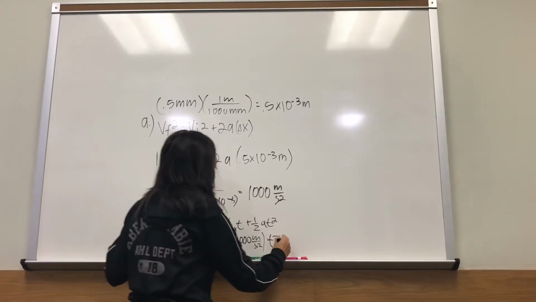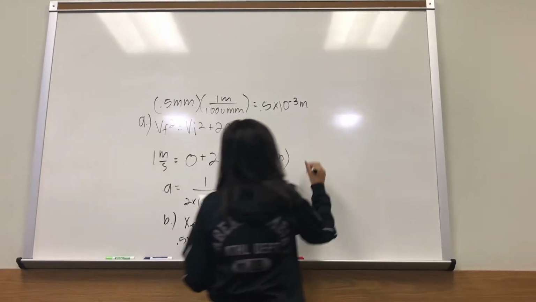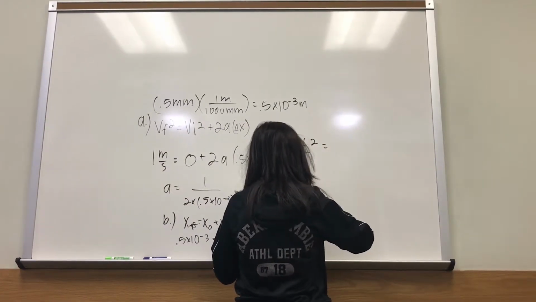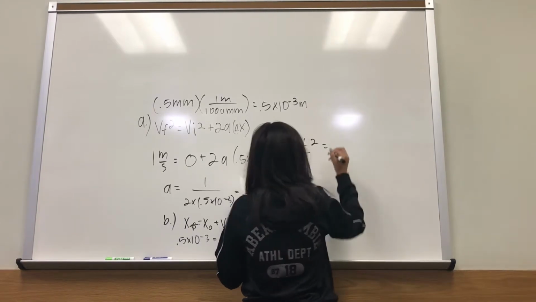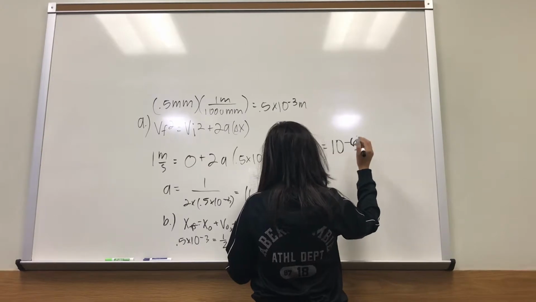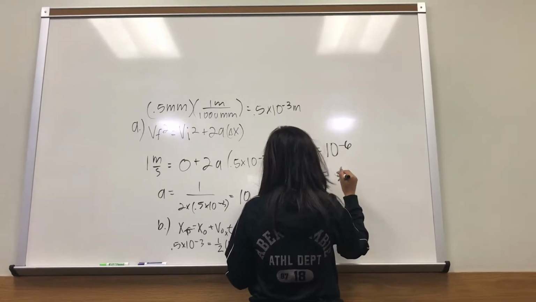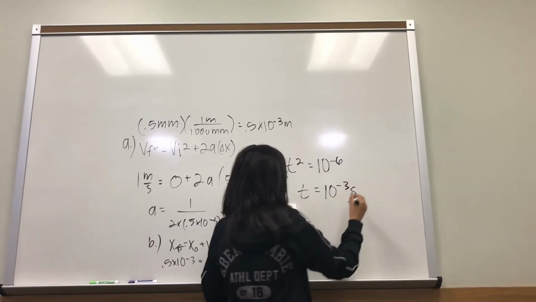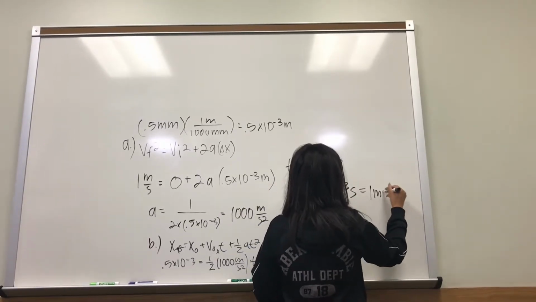So when we solve for t squared, we should get 10 to the negative 6, and then we have to square root that, and we should get t equals 10 to the negative 3 seconds, so it's 1 millisecond.